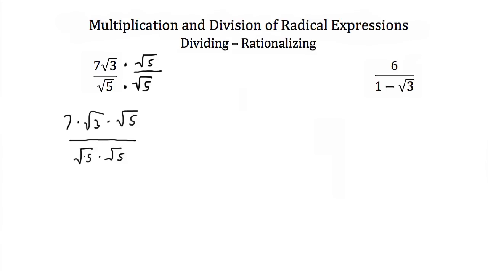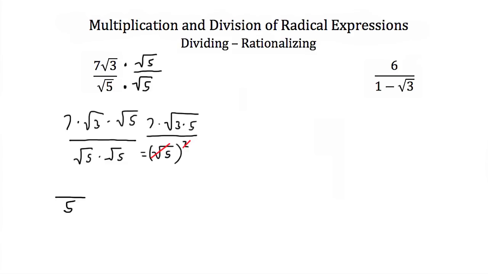Now the square root of 5 times the square root of 5, you can think of that as the square root of 5 squared. My numerator, this is 7 times the square root of 3 times the square root of 5, or the square root of 3 times 5. Now when I square a square root, these operations cancel. So in my denominator, I'm just left with 5.